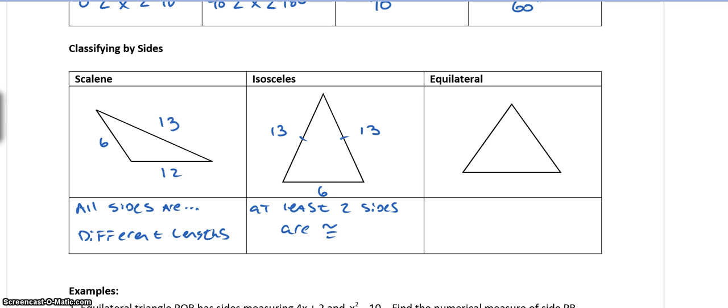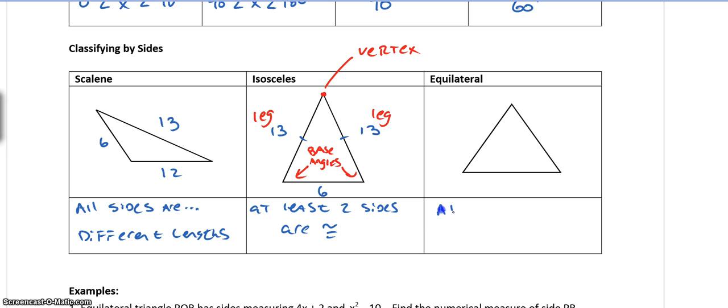Now, an isosceles triangle, we'll go more into it later, but it has some very important pieces. The top angle here is called our vertex angle, and then the two bottom angles are called my base angles. And the two equal sides are the legs of my triangle. Alright, and then we have the equilateral triangle.